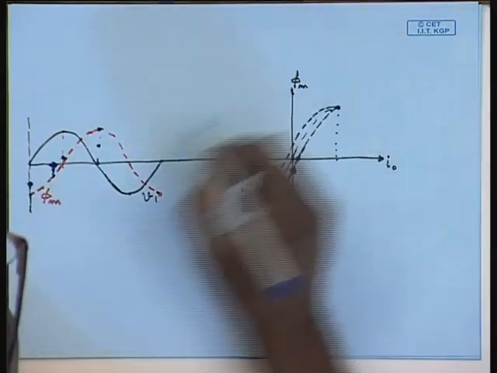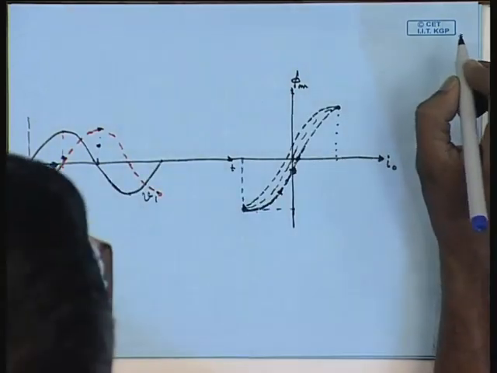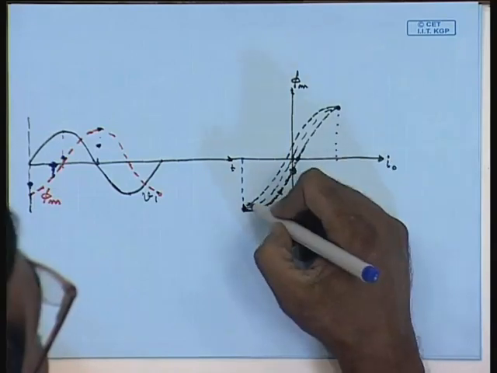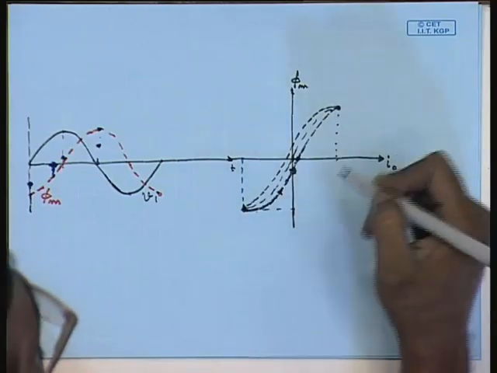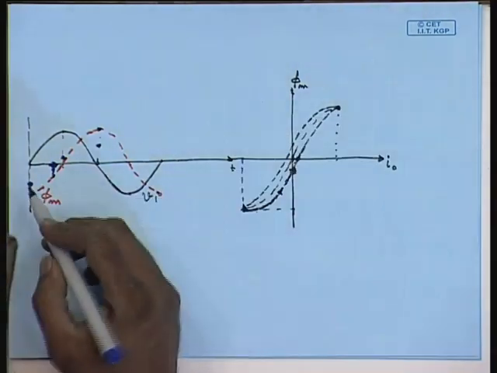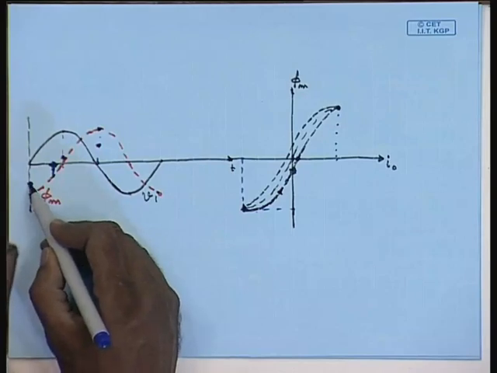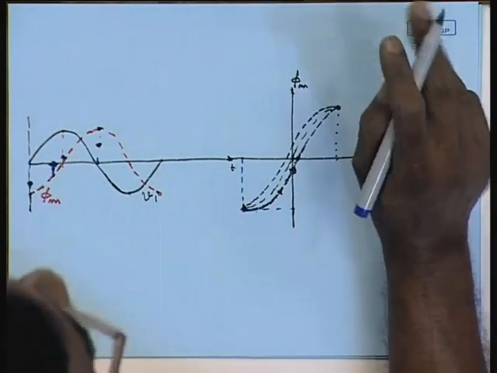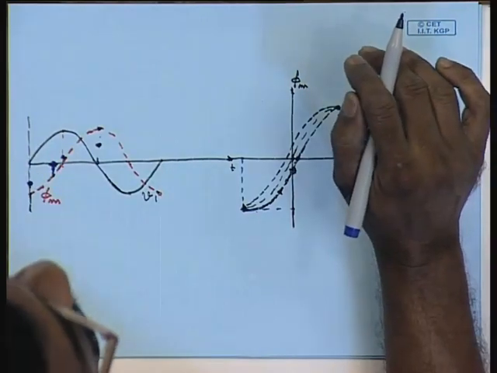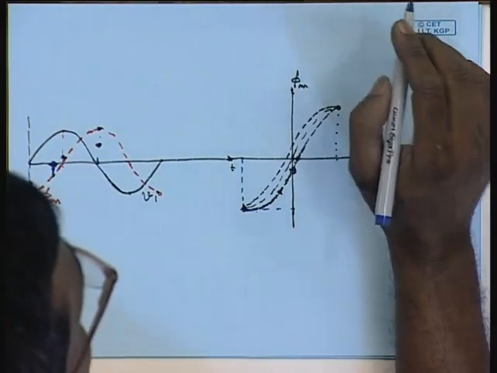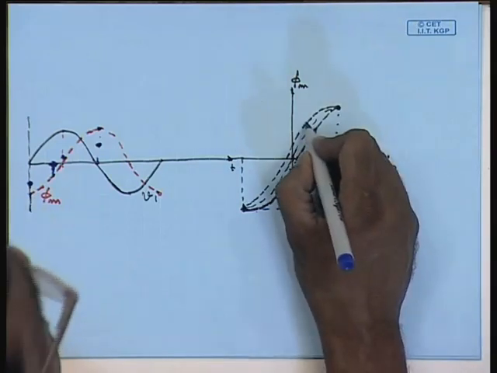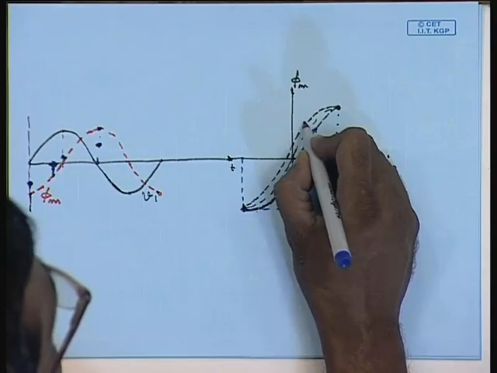This is the corresponding point of the current, and since the BH curve is symmetric around the x axis, the positive peak of the current waveform and the negative peak of the current waveform will be equal. While returning, though, the flux takes a different path because of hysteresis.